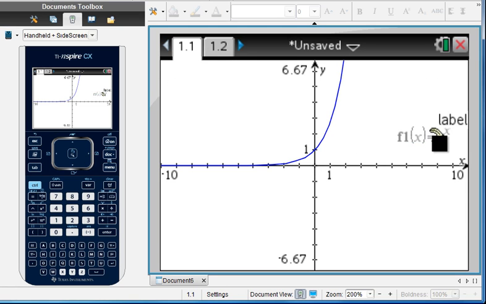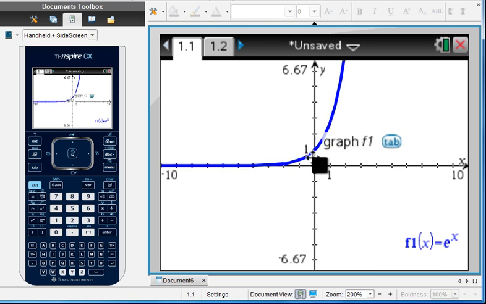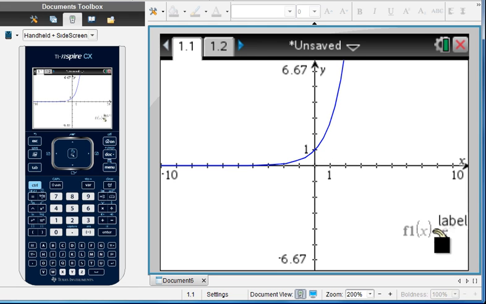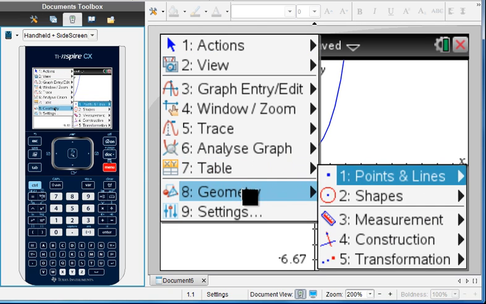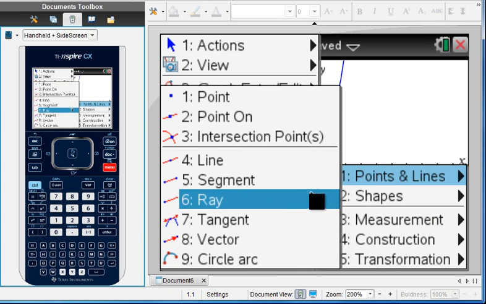So let's go back to our function here. It seems like we found a couple of very interesting things about this function. For example, I'm going to draw a tangent first.